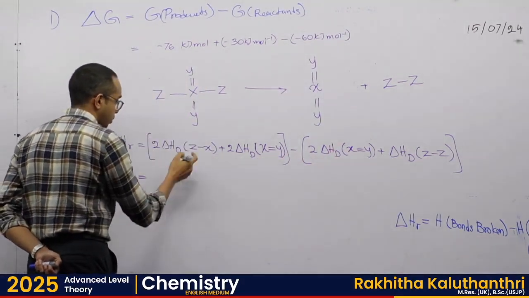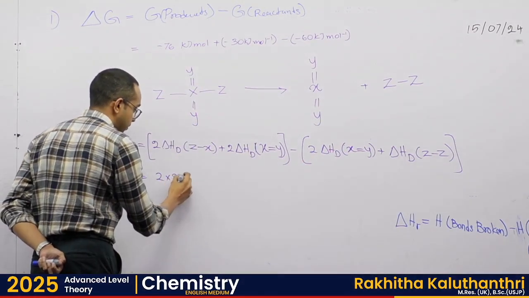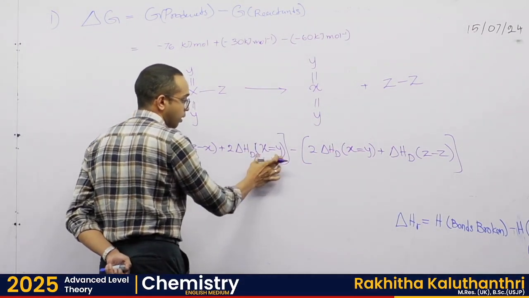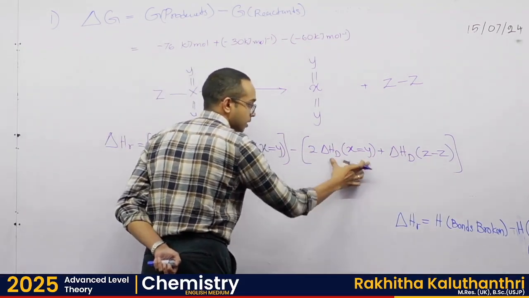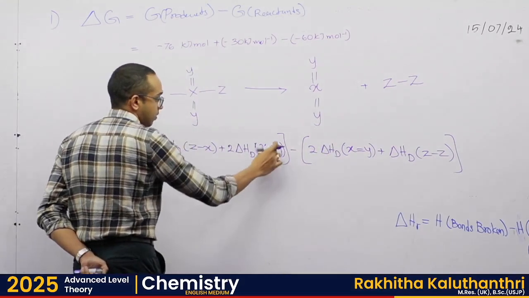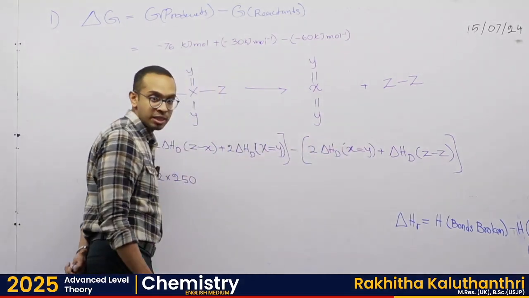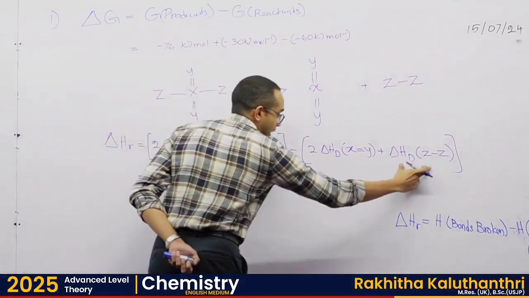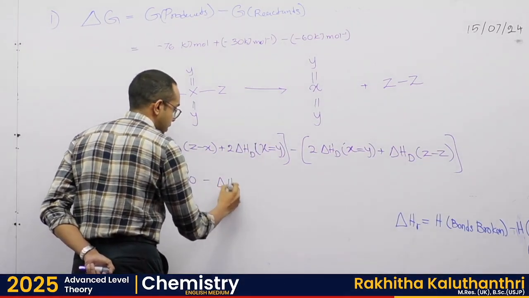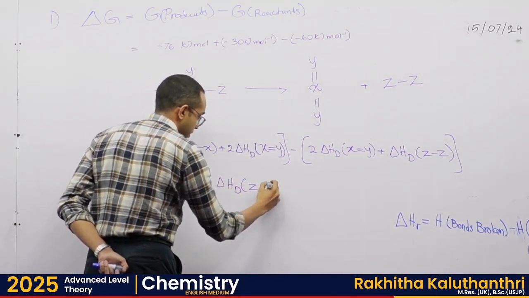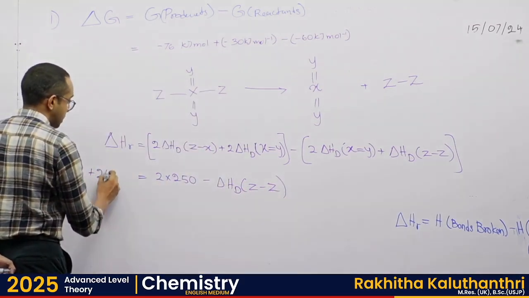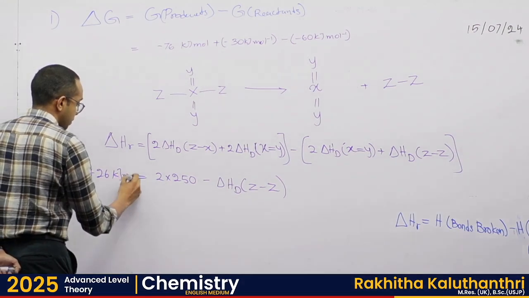Now this one we already know, this is 2 into 250, but we can say this is plus this bond value and this is minus this bond value, plus that bond value minus that bond value. Basically these two cancel off, isn't it? So then we have only this one, that is going to be minus delta HD ZZ equals to plus 26 kilojoules per mole.